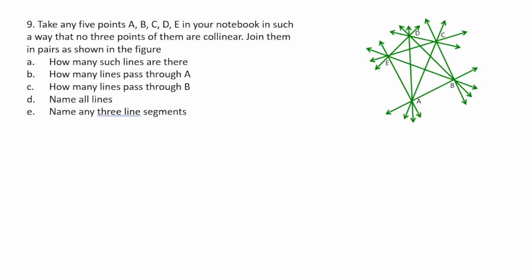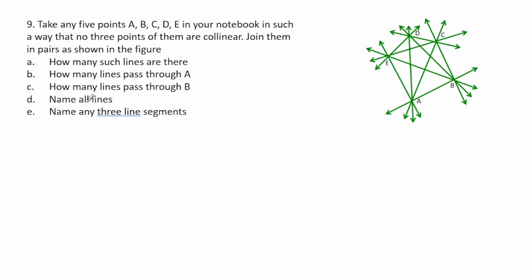Now let's move on to the 9th question. So here we have to take any 5 points A, B, C, D, E, and we have to join them in this way as it has been given in the picture over here. So it should be like none of these 5 points together are collinear, and we have to join them like this.